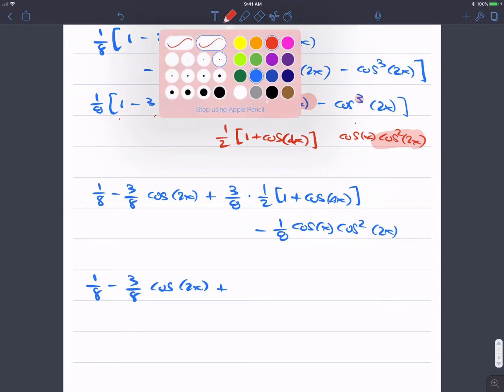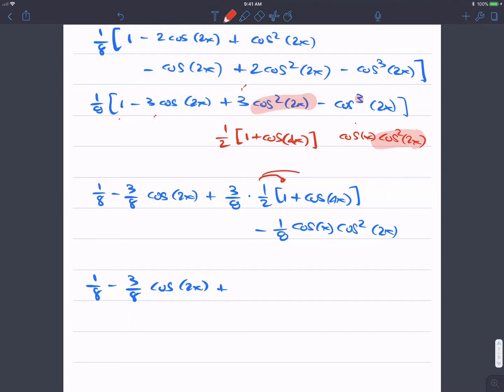At this point, 3/8 gets multiplied to both terms, or I should say, not 3/8, 3/16, because we're going to also multiply 3, 1, 8, and 2 here. So we're going to have now 3/16 plus 3/16 cosine 4x, again, minus 1/8 cosine of x.